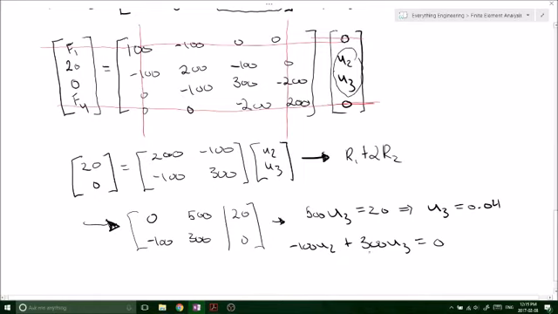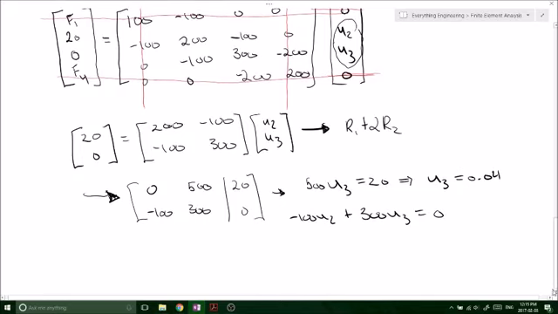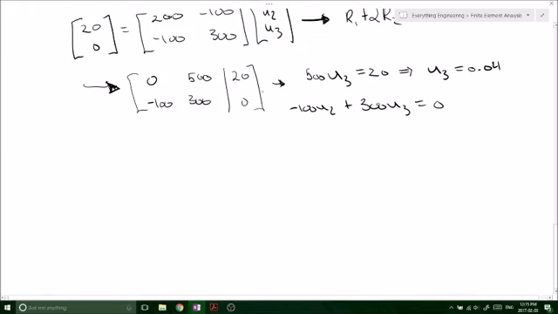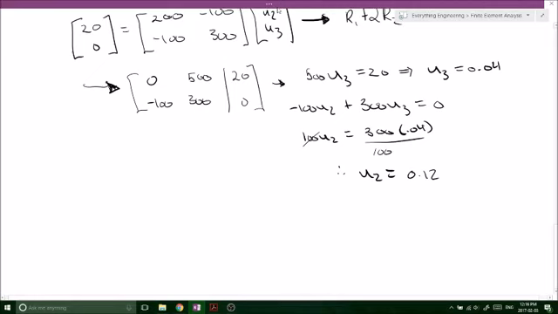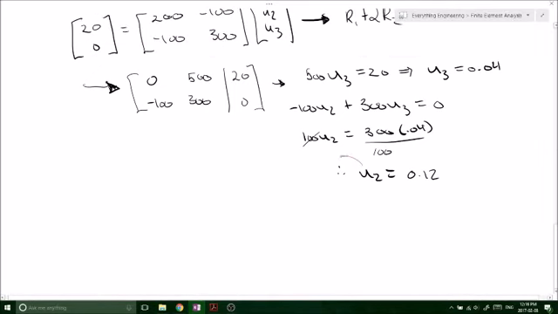So that's why we have U3 here. U3 equals 0.04, and then U2, we can say that 100, therefore U2. So now we've solved for our nodal displacements.